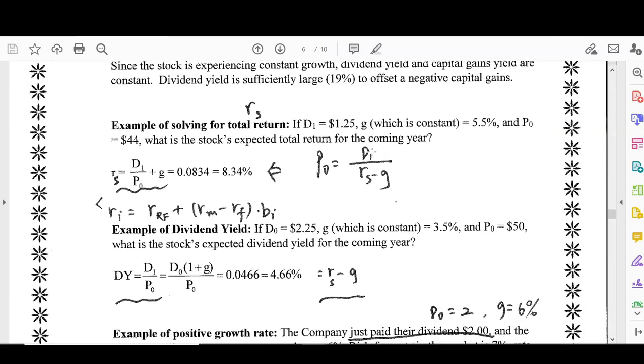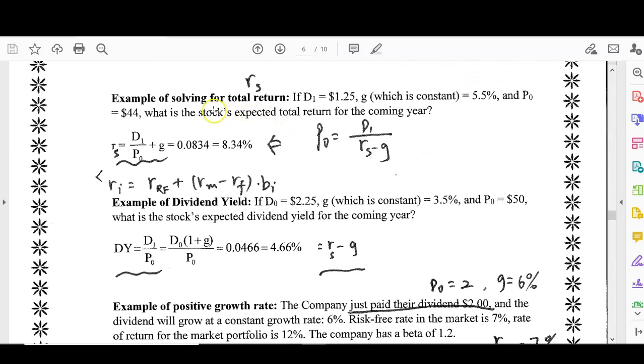Example 3 here. What if we want to know RS, the total return? And we know D1 as 1.25, G as 5.5%, P0 as $44. What is the stock's expected total return, RS, for the coming year?